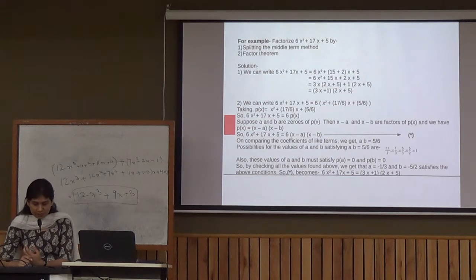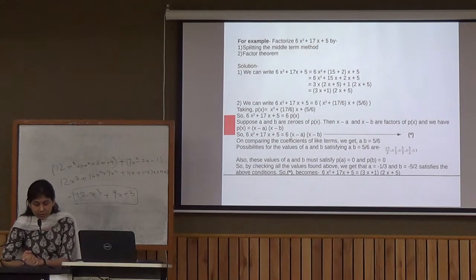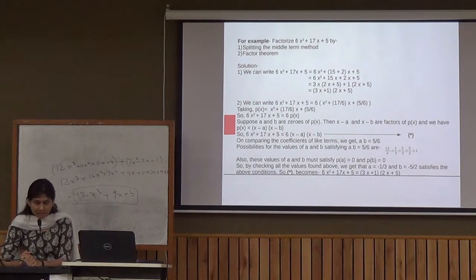Understanding this by way of an example. Suppose we need to factorize 6x squared plus 17x plus 5 by the splitting the middle term method and the factor theorem. So, by using the splitting the middle term method, we can easily find the factors of 6x squared plus 17x plus 5 and write it as 6x squared plus (15 plus 2) into x plus 5.